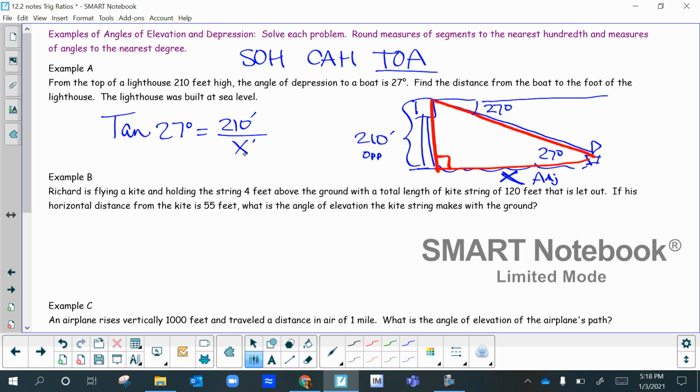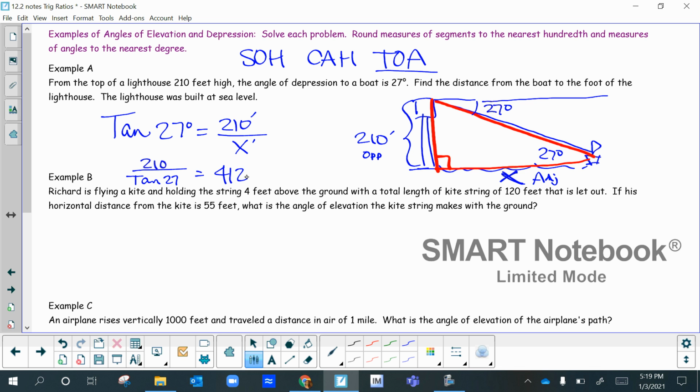Okay, so the variable's on the bottom, so you'll remember what to do. We are going to divide 210 divided by tangent of 27. Now remember, we're not solving for an angle, so you don't want to use the inverse. 210 divided by 27, tan, equals.